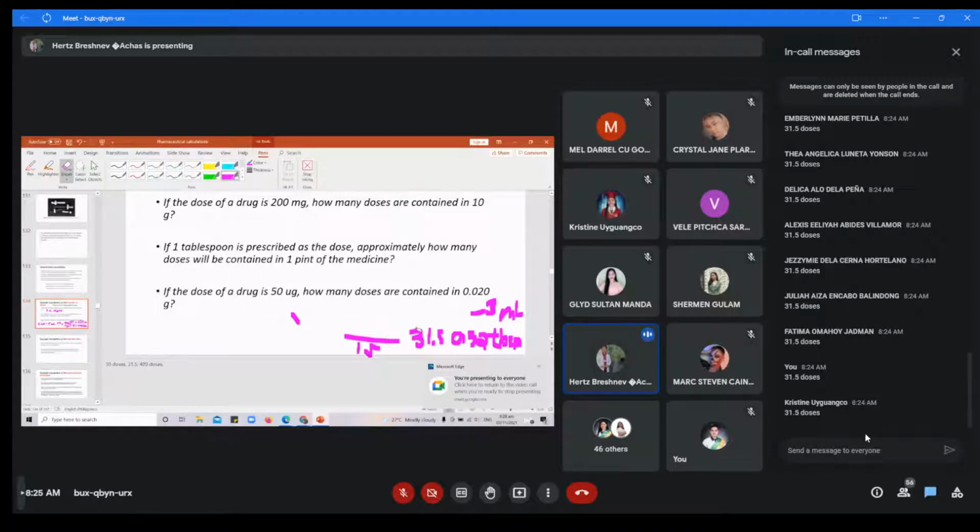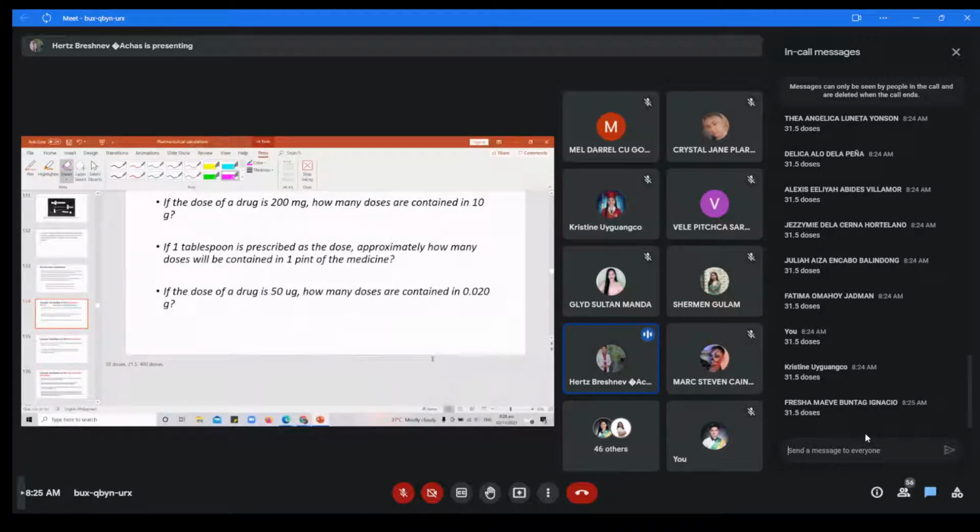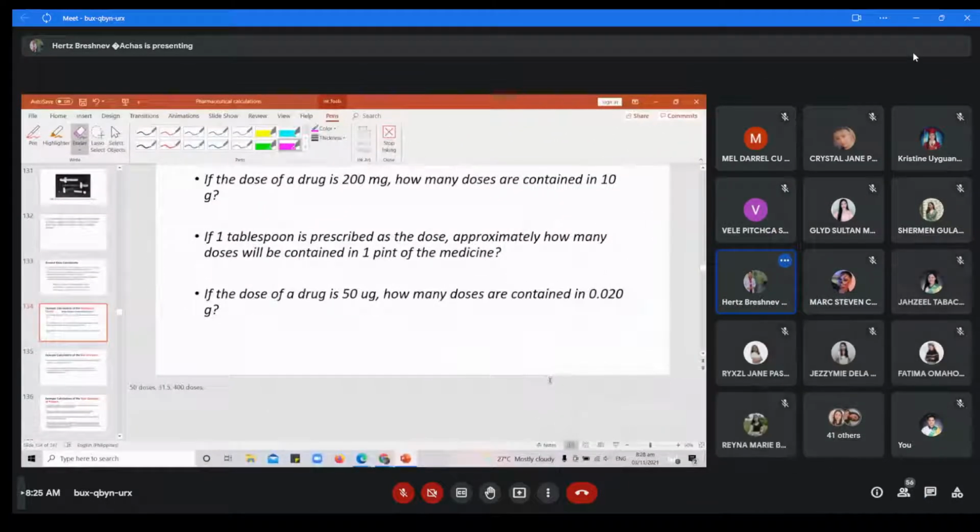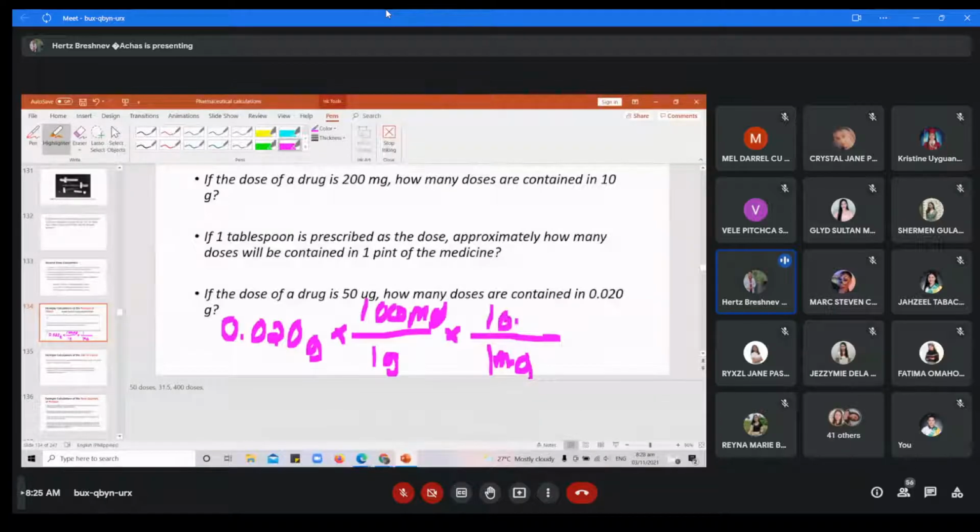If the dose of the drug is 50 micrograms, how many doses are contained in 0.02 grams? So very easy lang. 0.020 grams times 1,000 milligrams per gram, times 1,000 micrograms per milligram.